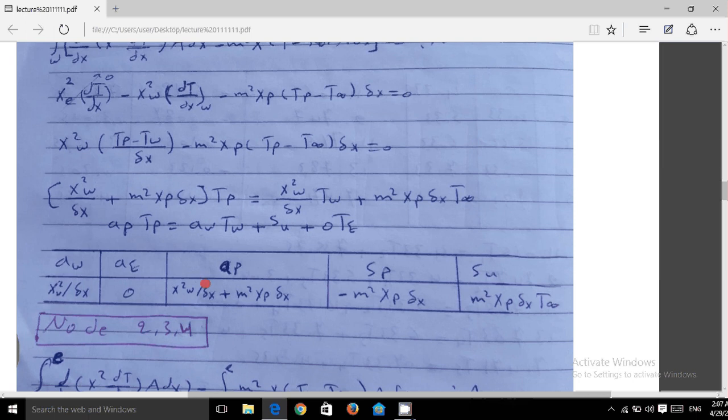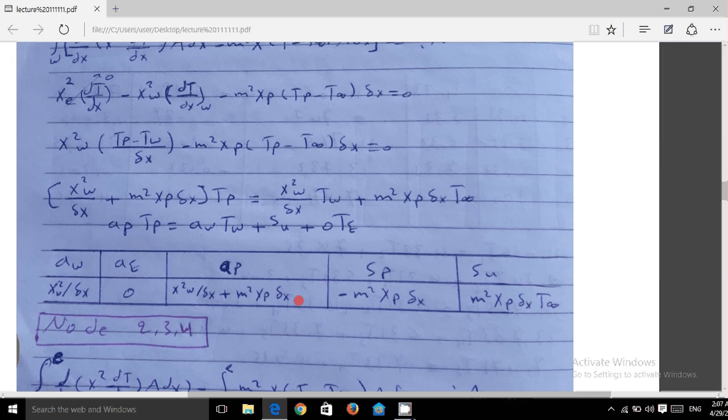And a_P is equal to a_W plus a_E minus S_P. When I substitute S_P, its sign is negative, and the sign on here was negative, so it converts from a negative sign to a positive sign.